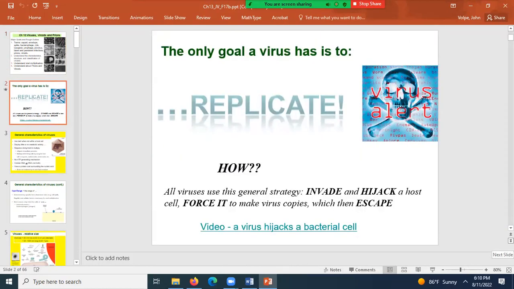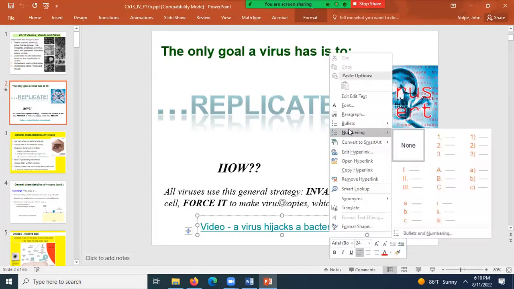All right. Viruses only have one goal, and their goal is to replicate. How do they do this? They invade their host cell, hijack it, and then force the host cell to make viral copies, which then escape from the host cell.